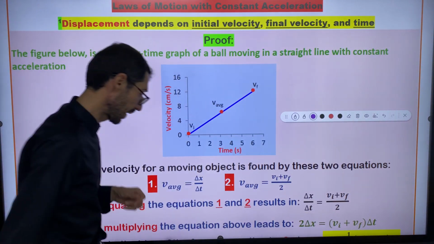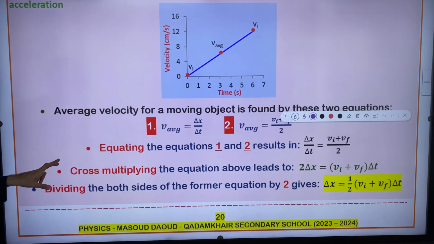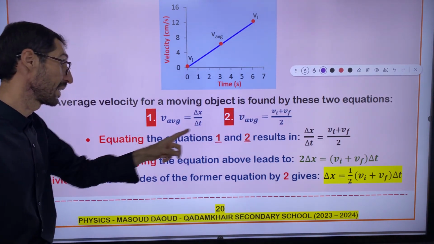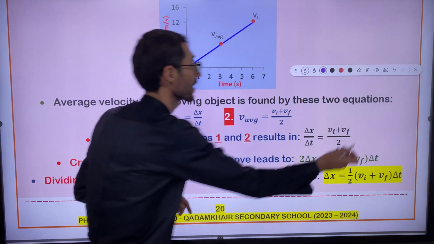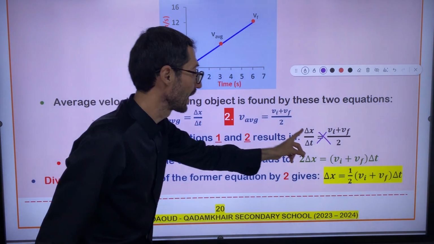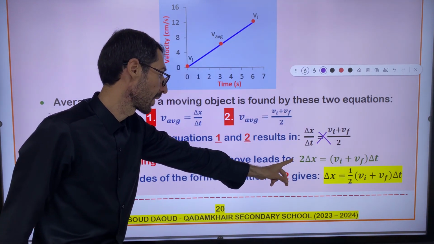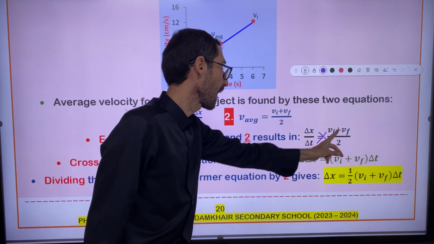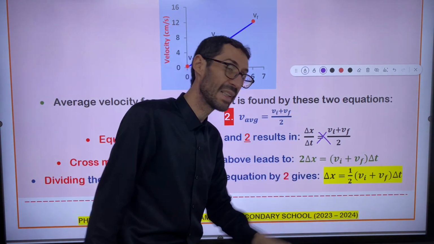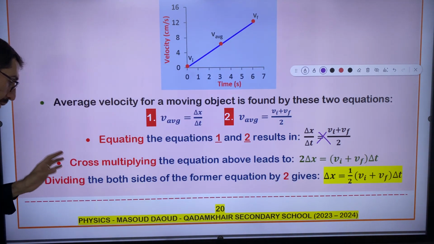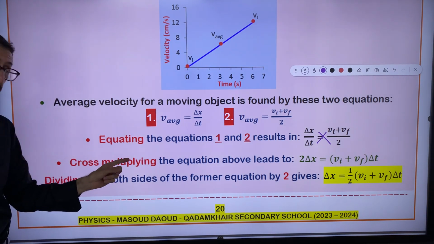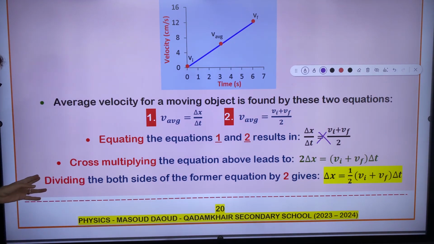So we keep going with the proof. After that, cross multiply the new equation like scissors. Delta x multiplied by 2 becomes 2 delta x, and Vi plus Vf within the bracket is multiplied by delta t. After equating the equations, we cross multiply the fraction.